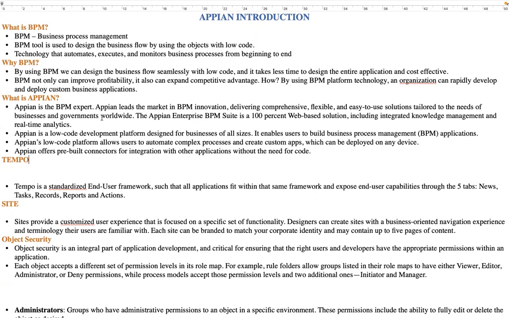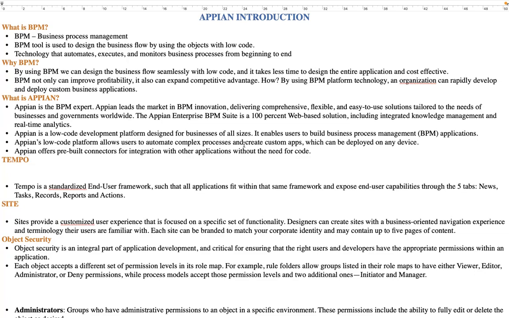Okay. So Appian is a BPM expert that deals with low code and automation, which is used to design entire business flows. Whether it is a large scale business or a small scale business, you can develop anything in Appian within less time.